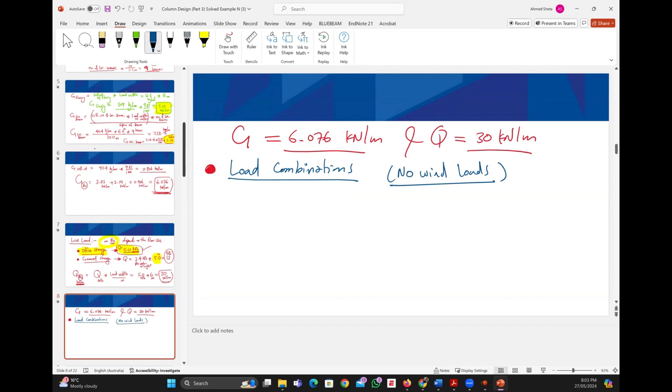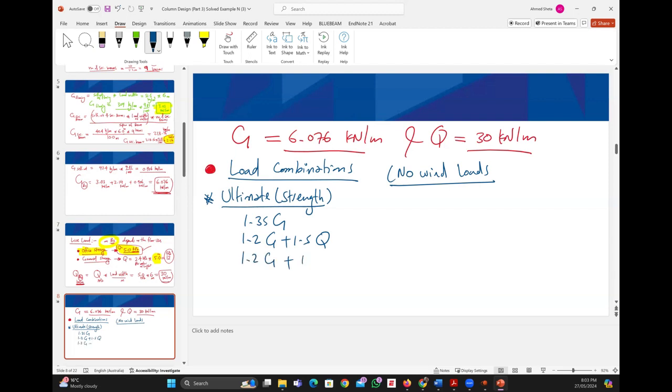We have the ultimate or strength combination and the serviceability combination. The ultimate combinations are 1.35G, 1.2G plus 1.5Q, and what else?